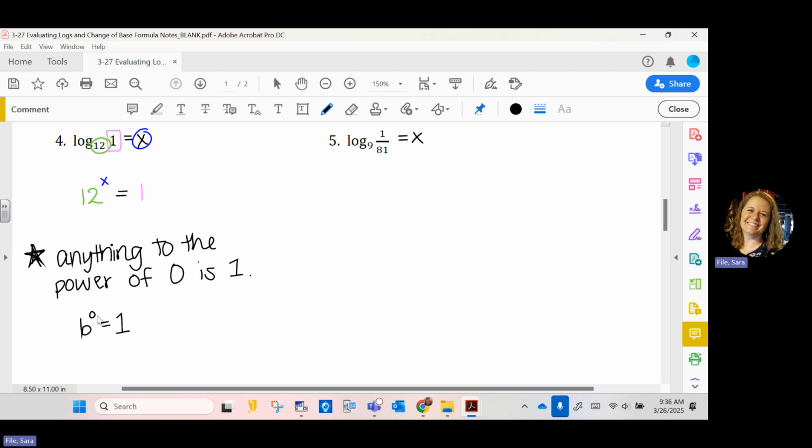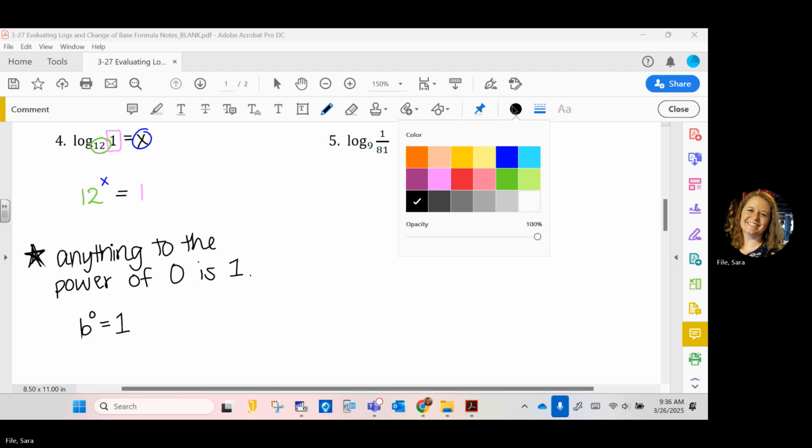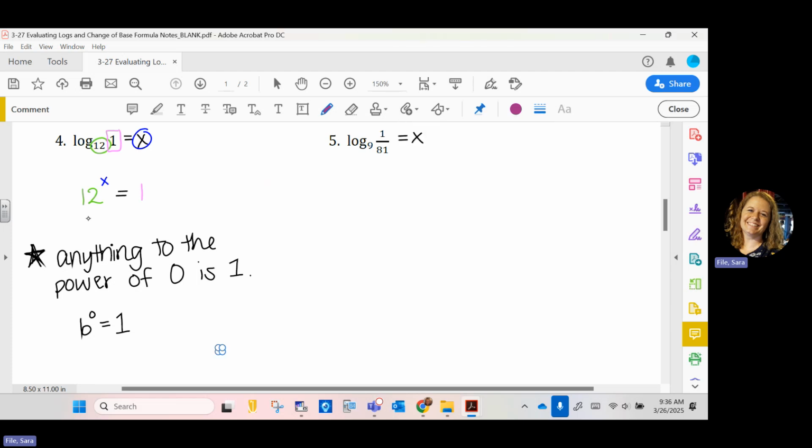Anything to the 0 power is 1. So if I need to match the bases, if you were asked how to match the bases, you could rewrite this as 12 to the 0 instead of 1. So that means that x is 0. Does that make sense, now that you remember that rule? As long as you know that rule, anything to the power of 0 is 1, that'll help you out.